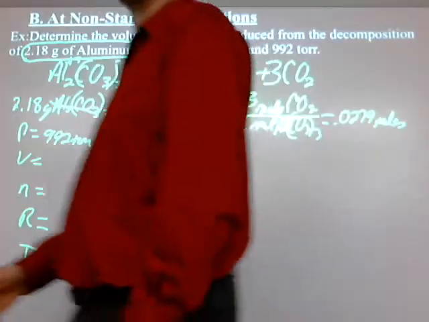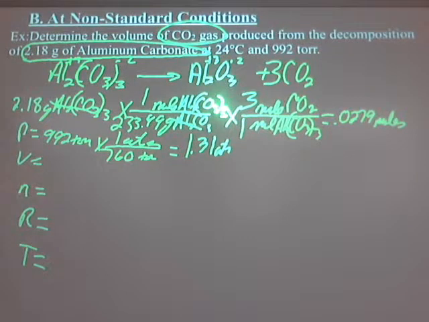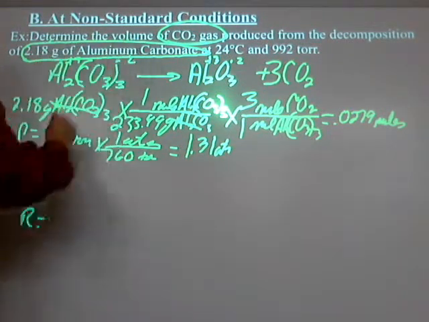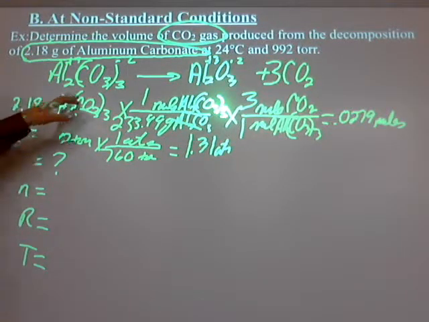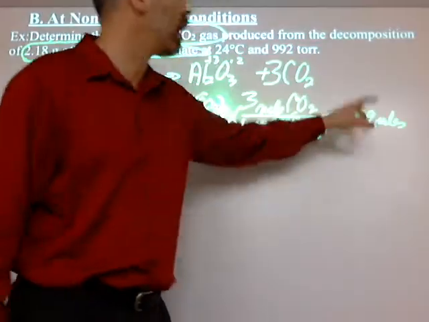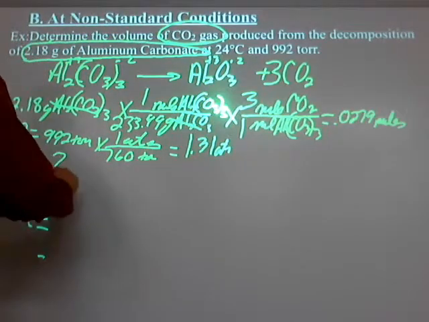What's my volume? It's what we're looking for. It says determine the volume. It's my unknown. What's my moles? How many moles do I have? We went through this whole big problem to get the moles, 0.0279.